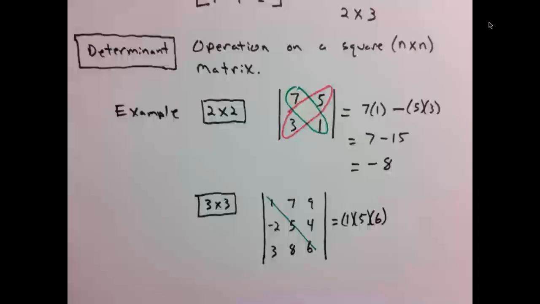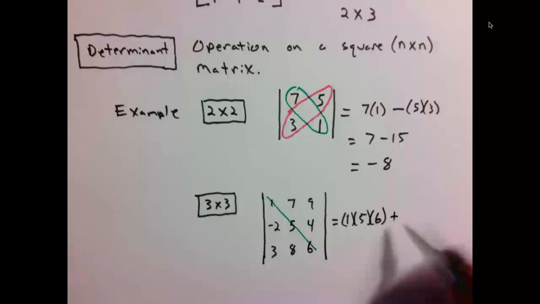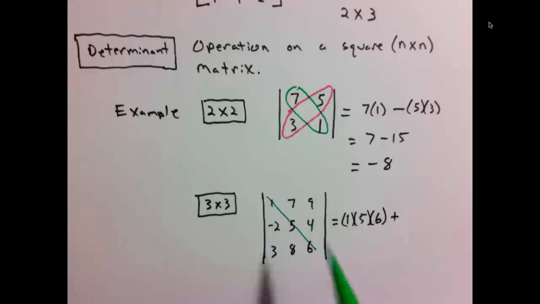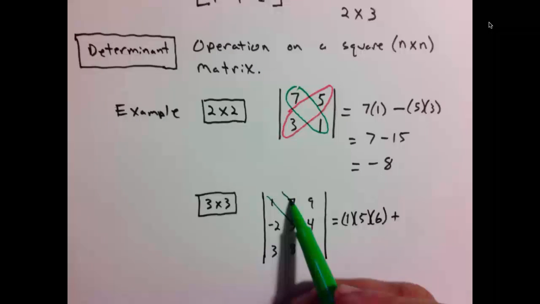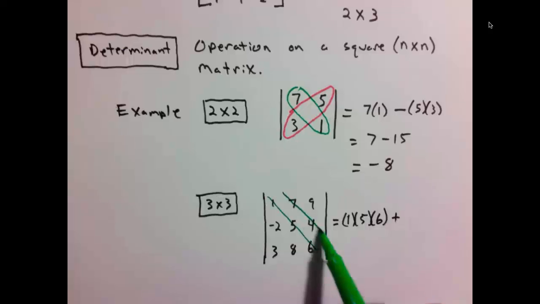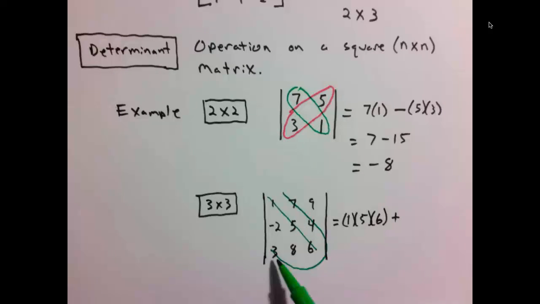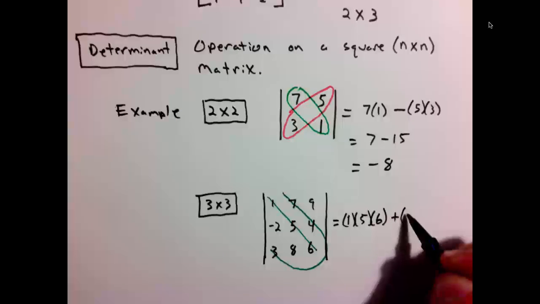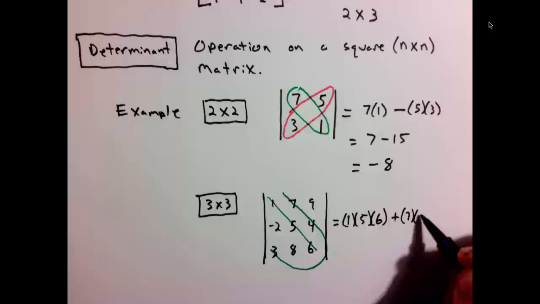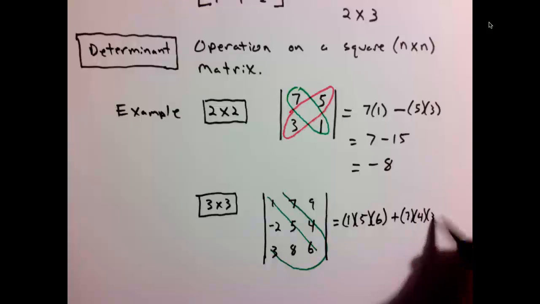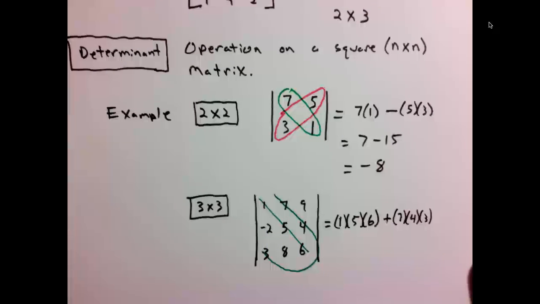Then we're going to add this next diagonal, but now we have 2 here, and we need to pick up this 1 that's down here. 7, 4, and 3.